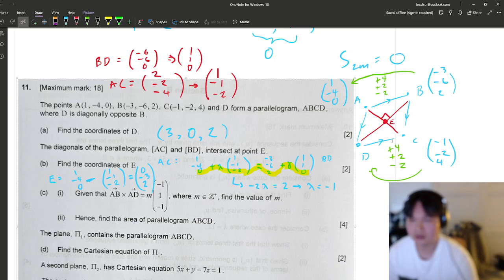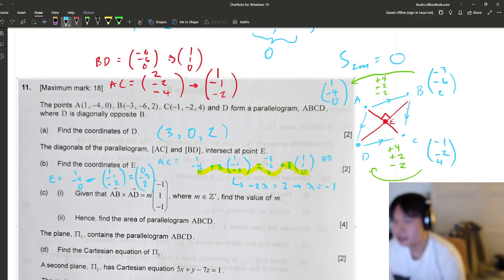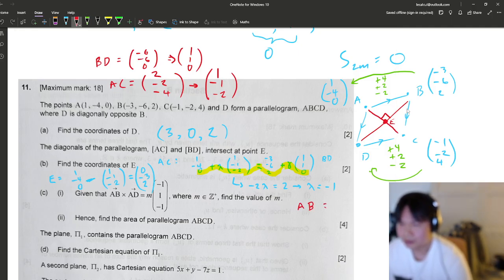These two. No, AD is this one. I need to find AD. Oh my god. Okay. AB, BA, same thing, whatever. 4, 2, negative 2.